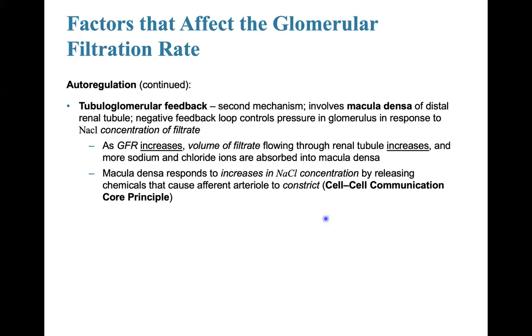As your GFR increases, the volume of filtrate flowing through the renal tubule increases, and the more sodium and chloride ions are absorbed into the macula densa cells. The macula densa responds to increases in sodium chloride concentrations by releasing chemicals that cause the afferent arterioles to constrict.